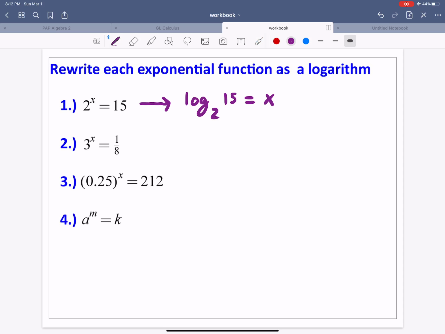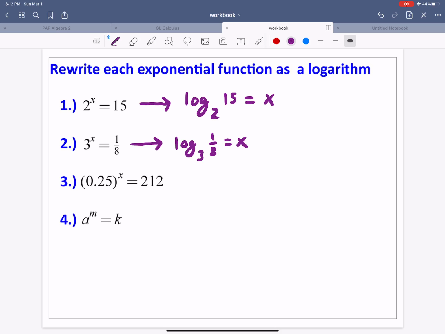For the second one, I'm going to rewrite this using Mr. Karam's trick, the bae trick. So log, and then bae: base, answer, exponent. So log base 3 of 1/8 equals x. Why don't you say that with me out loud?